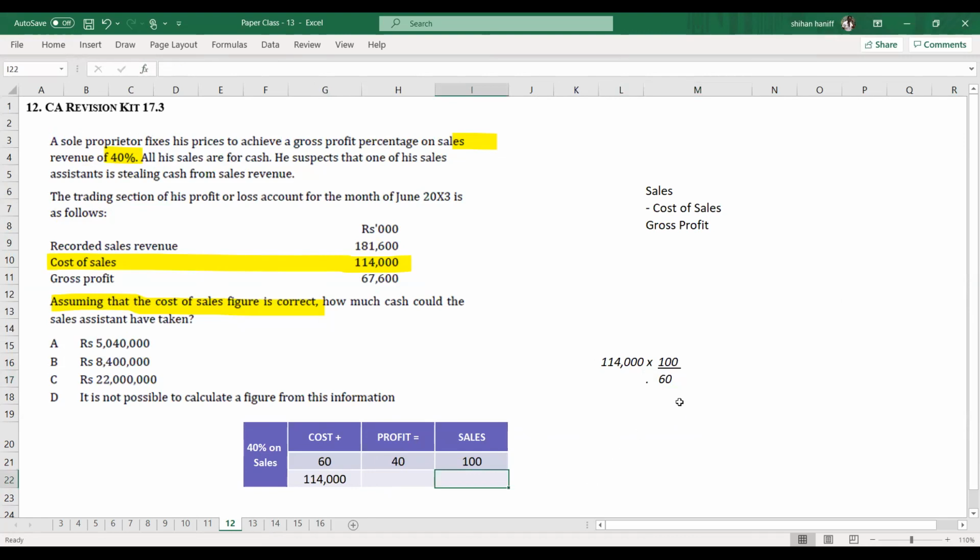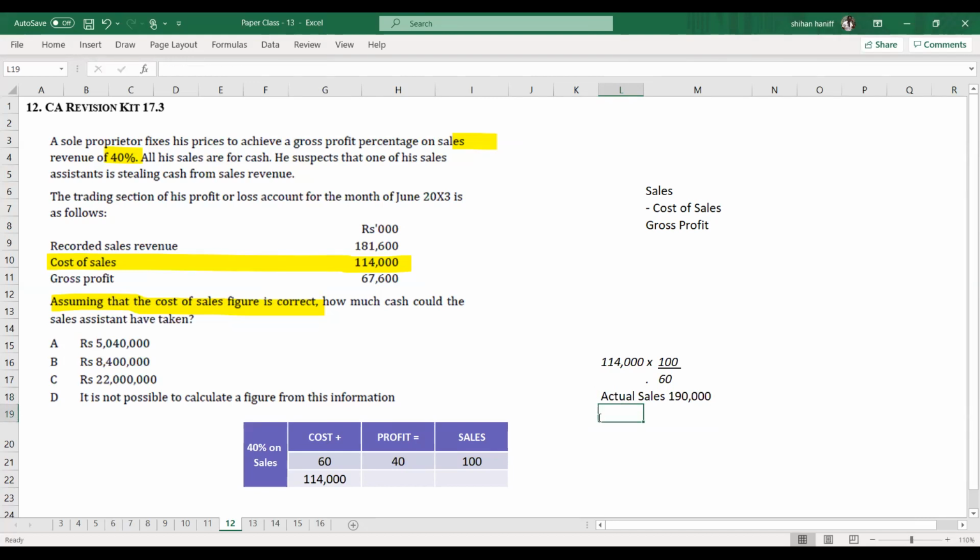So you can find out the actual sales. Therefore, actual sales is 114,000 divided by 60 multiplied by 100, which is 190,000.